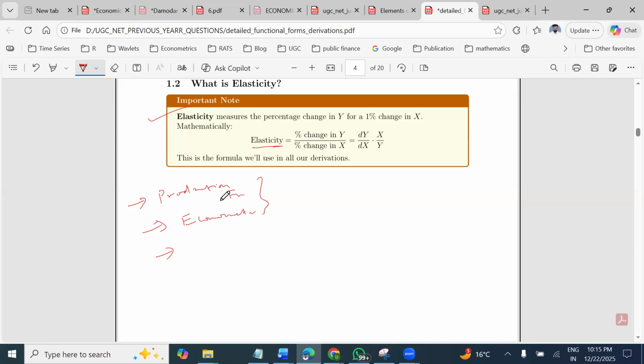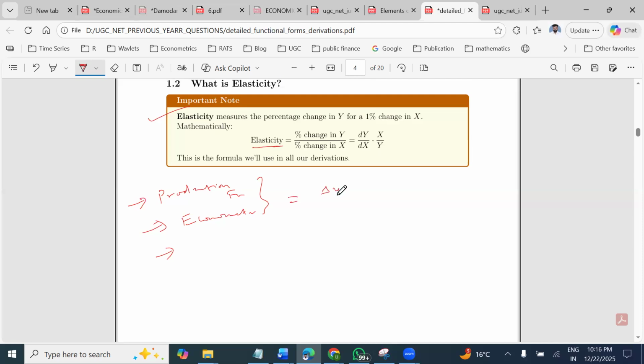So elasticity, first of all, there are two formulas. One is without using derivative, which we used to do in the class also. But if you are going to use derivative, it will be much easier. That is the whole point. Suppose we want the percentage change in y.